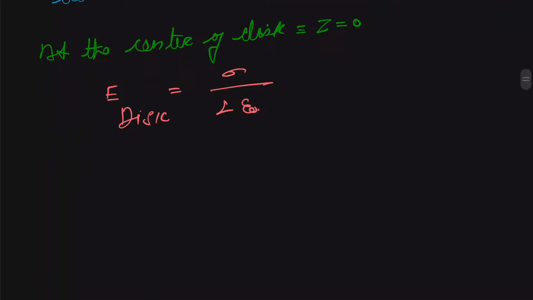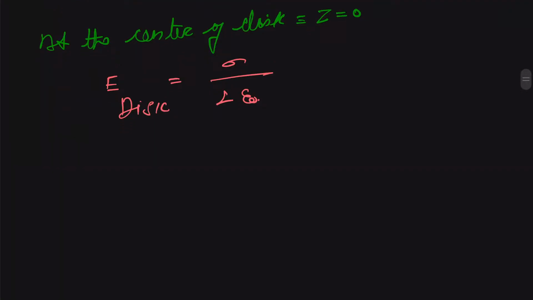Thus we can write that the electric field actual, and the piece removed is in the shape of a disk, so this is equal to minus the electric field of our disk.